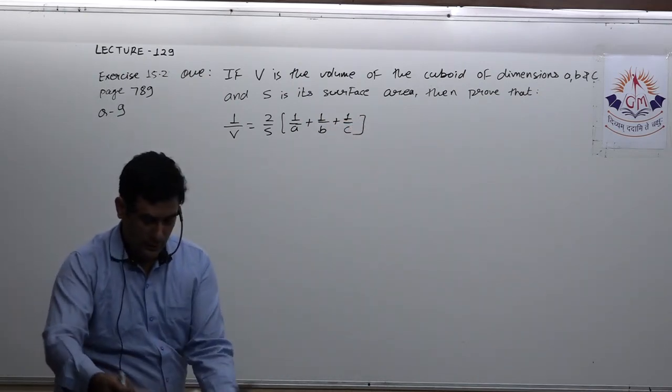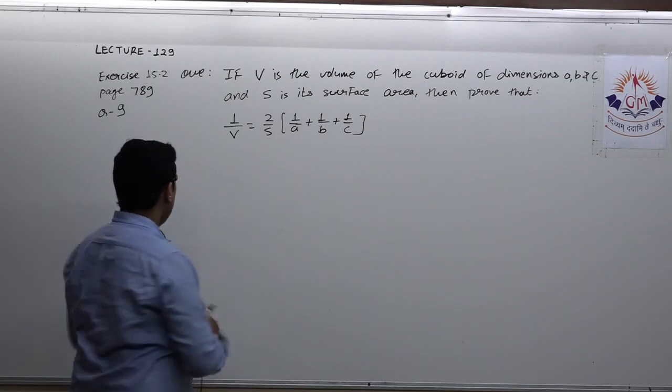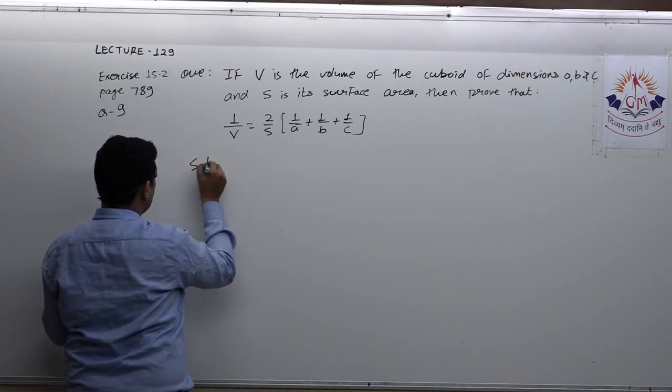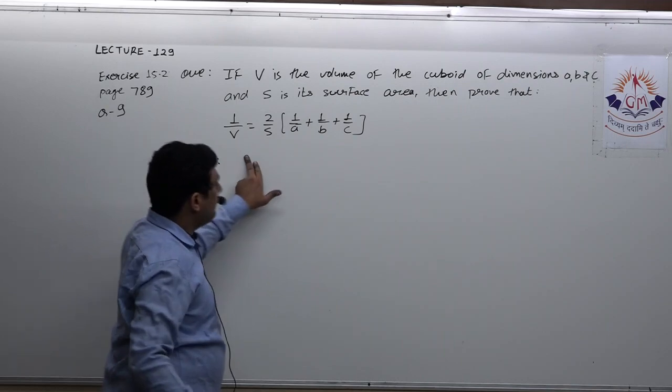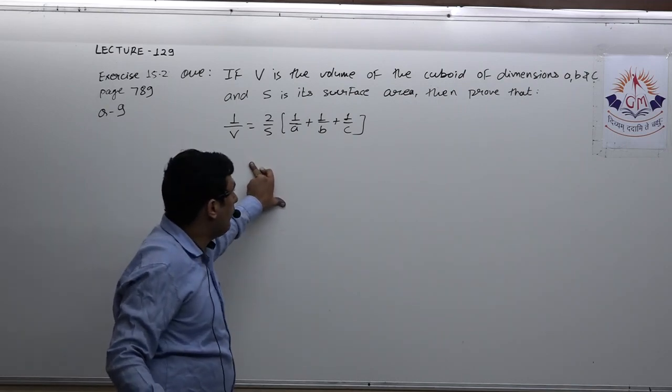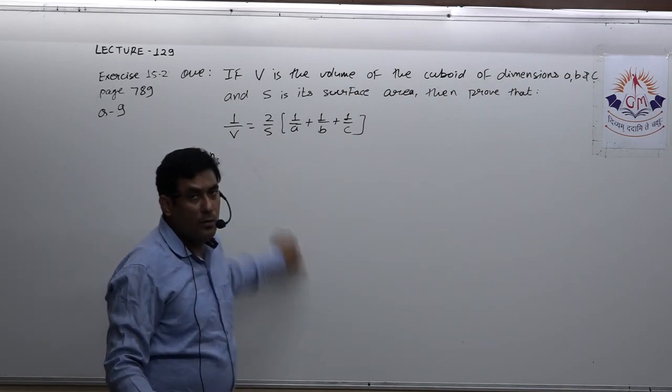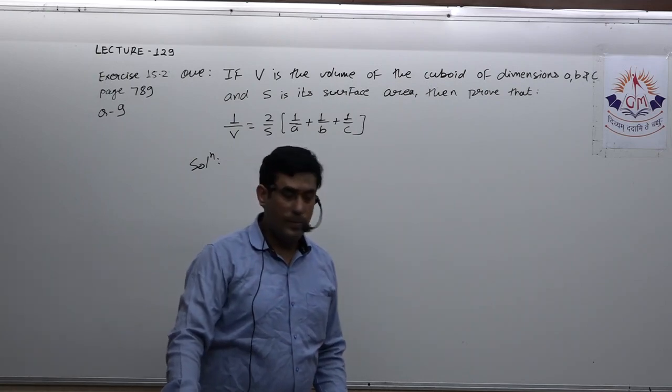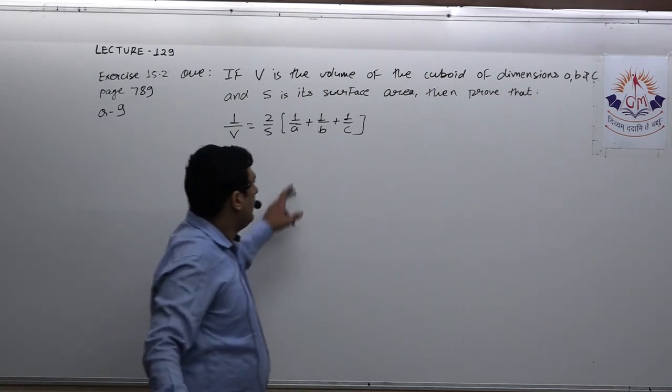Okay, so let us see how to solve this. V is the volume, S is the surface area. Here it is only written surface area, so by default we are going to assume it is the total surface area.